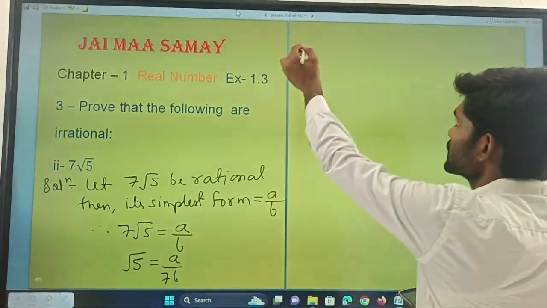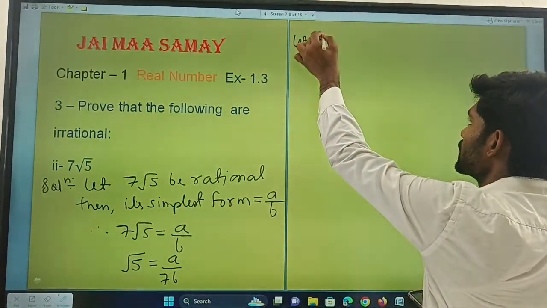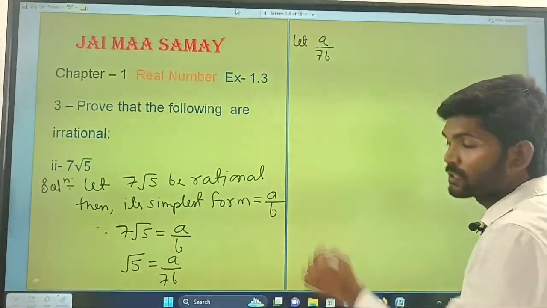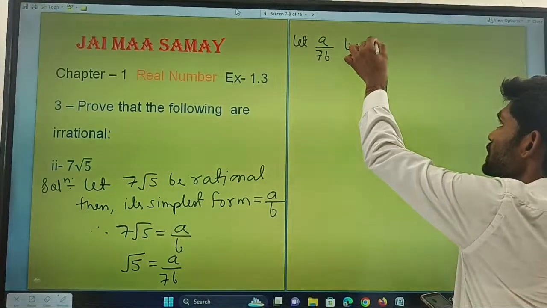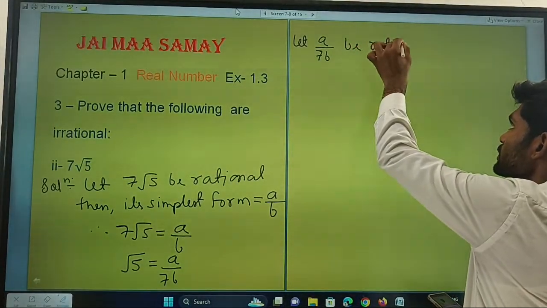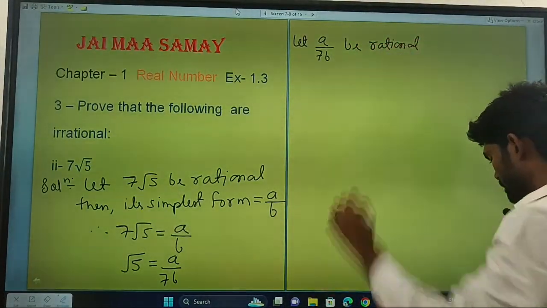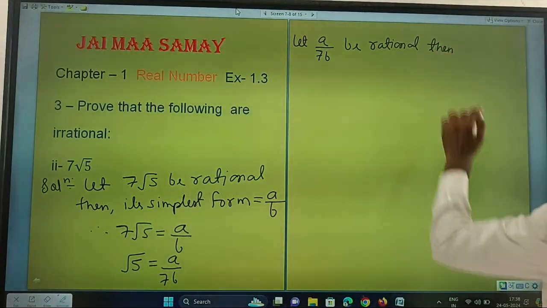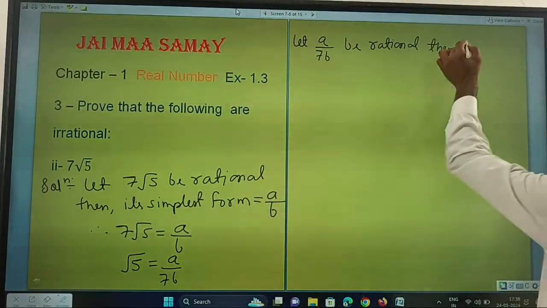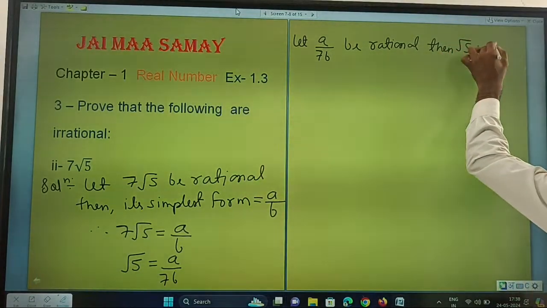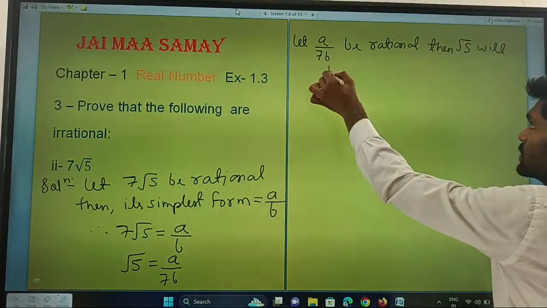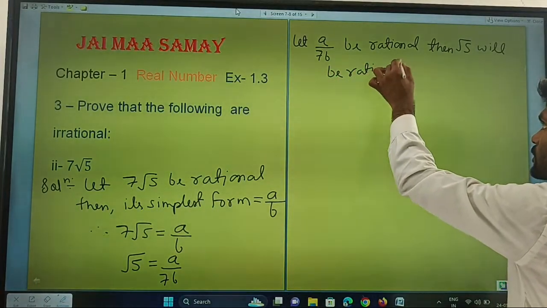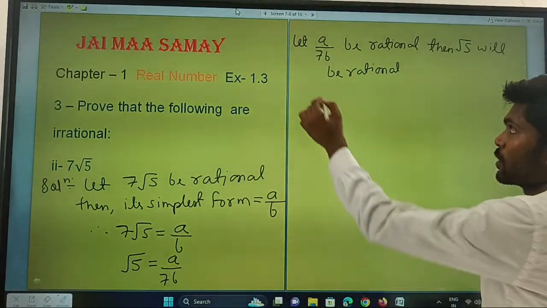Same statement. Let A upon 7 be rational, then under root 5 will be rational. Clear?